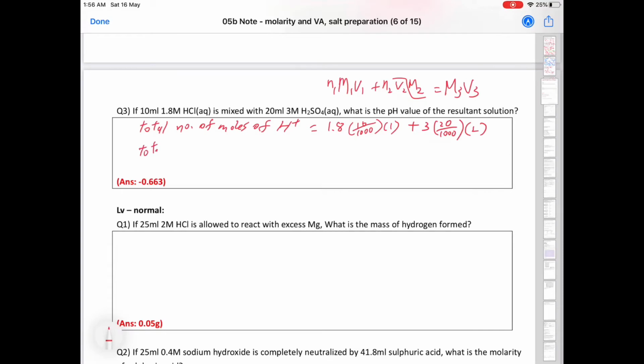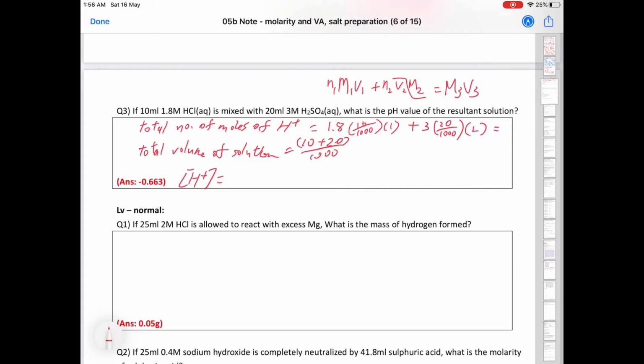And then the total volume of solution will just be the sum of the 10 ml and 20 ml divided by 1000. So by these two terms, you just need to do the number of moles divided by the volume in dm cube, and then you can get the H+ molarity first.